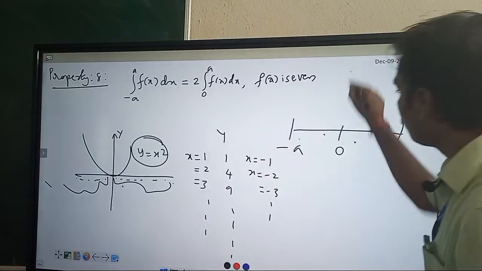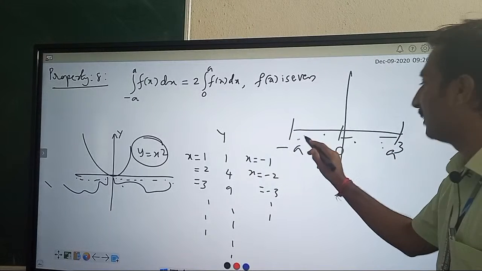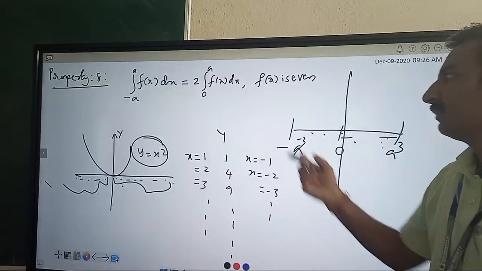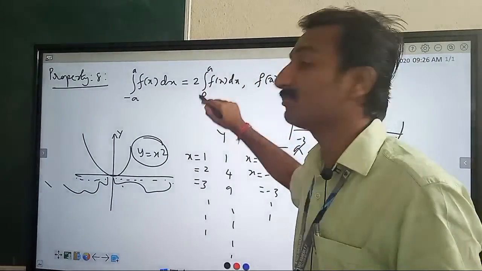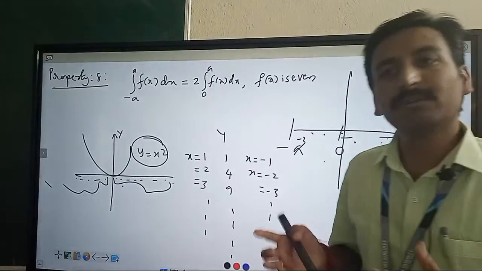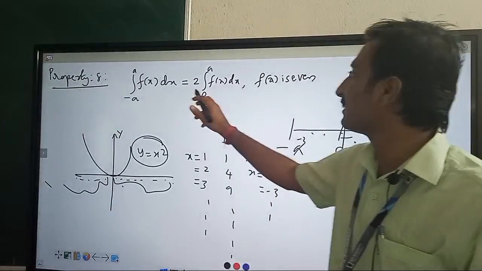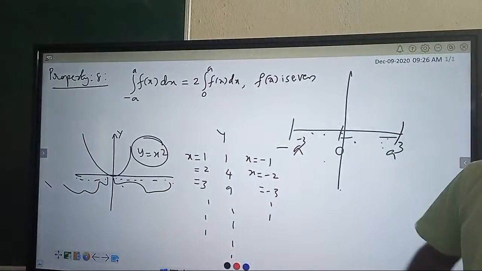Suppose if I take x and y axis, here if it is 3, here it is minus 3, lengths are the same. So when the lengths are the same, 0 to a is a length only. 2 times the integral from 0 to a of f of x dx. Because I have a guarantee that even function का जो value है, वो कभी change नहीं होता है. तो इसके लिए हम 2 times of 0 to a f of x dx ले सकते हैं for even function.